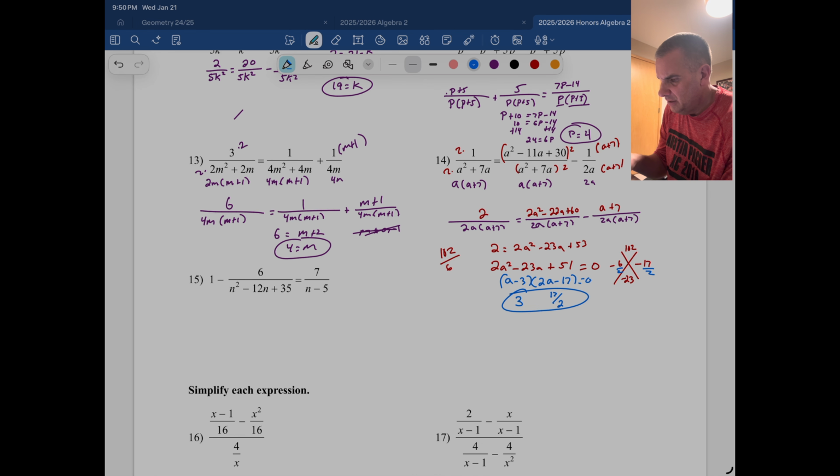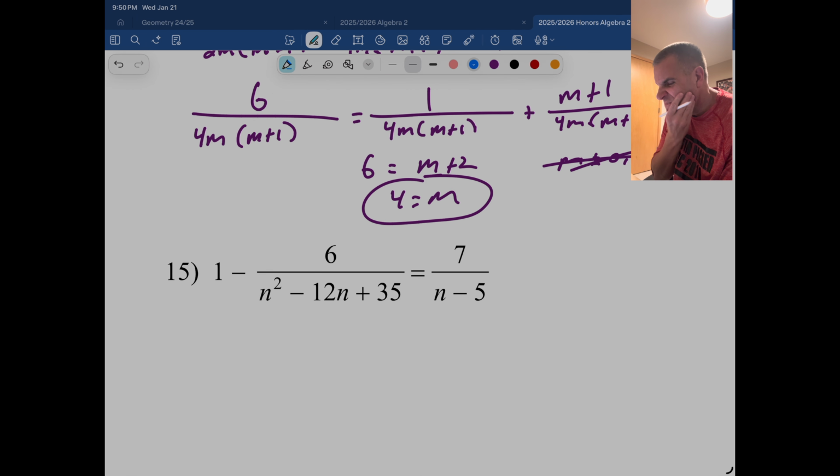Number 15. Ooh. Factor this. N minus 7. N minus 5. That's the denominator.